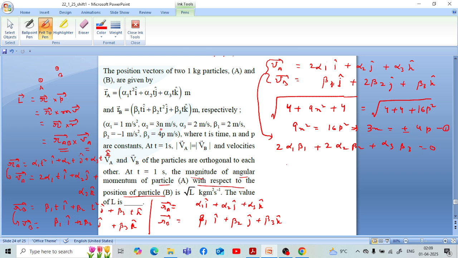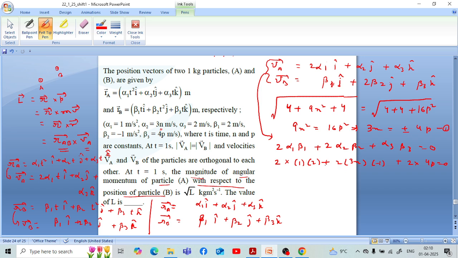And we know the values of alpha 1, beta 1, alpha 2, beta 2 and alpha 3, beta 3 as they are given in the problem. So this becomes 2 times alpha 1 is 1, beta 1 is 2, plus 2 times alpha 2 is 3n and beta 2 is given as minus 1, then plus alpha 3, which is given as 2, and beta 3 is given as 4p, and this is equal to 0.